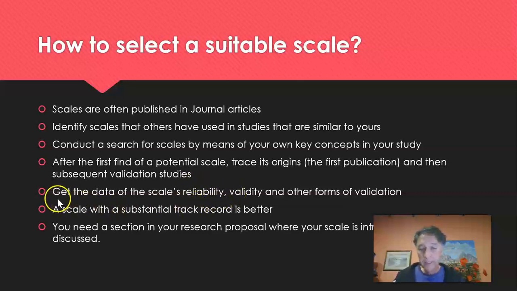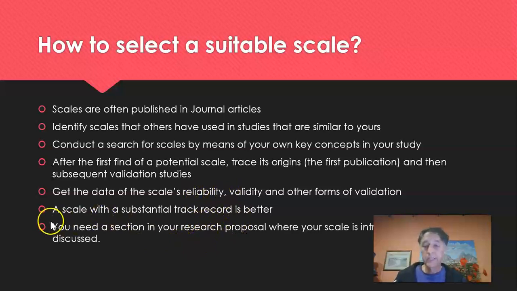So when you have got now your article with the validation data for the scale, so the validation data is the study where they proved that a centimeter on this instrument is exactly a centimeter according to the international standard. If you get that article, you have to report on the scale's reliability, validity, and there are different forms of validity that you can report on. I'll show you in an example.